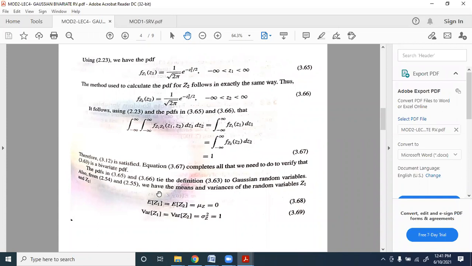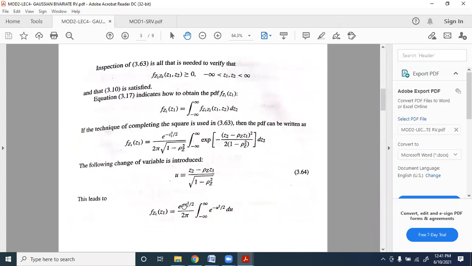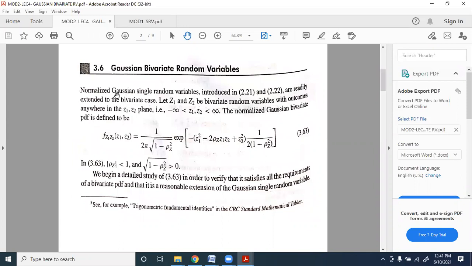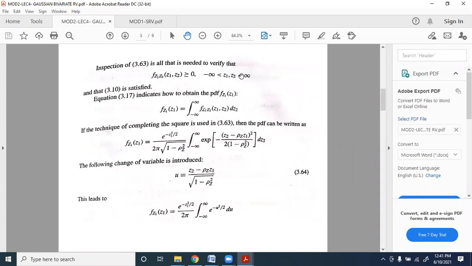Okay, so now we have the mean and the variance of the random variables Z1, Z2 as E of Z1, E of Z2 equal to mu Z equal to 0. We have considered here the normalized Gaussian random variable. All these equations are for the normalized bivariate Gaussian random variable.